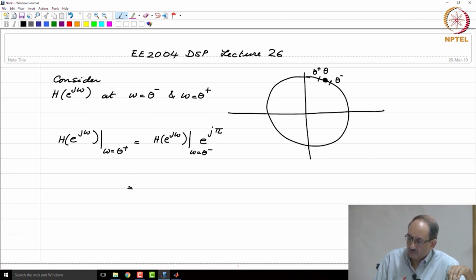And e to the j pi of course is minus 1, and hence this can be written as the frequency response at omega equal to theta minus, but with a minus sign. Therefore, what you can infer from this is that when you cross a 0 on the unit circle, you acquire a sign change.